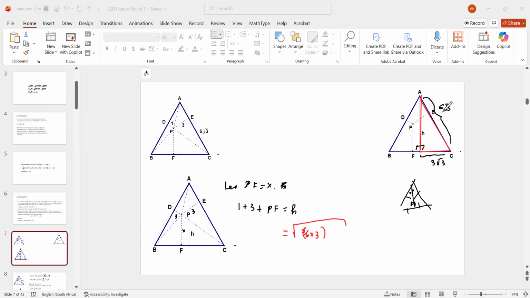When you square, this 6 times 6 is 36. Square root of 3 squared is 3. Now you have to put minus here, because the sum of these two is equal to 6 root 3 squared.